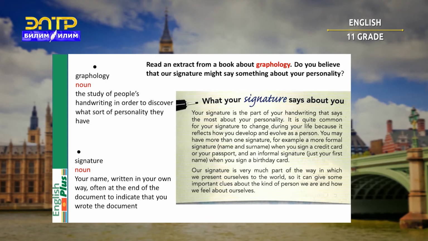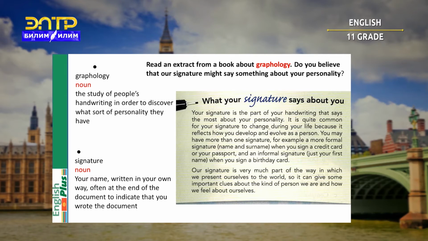What your signature says about you. Your signature is the part of your handwriting that says the most about your personality. It is quite common for your signature to change during your life because it reflects how you develop and evolve as a person. You may have more than one signature.